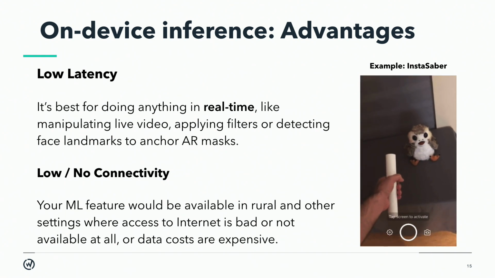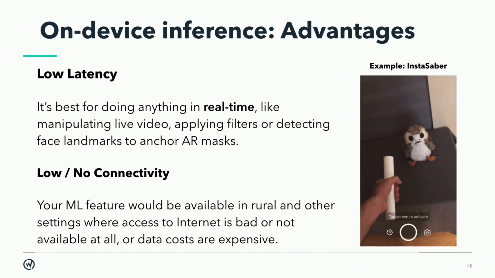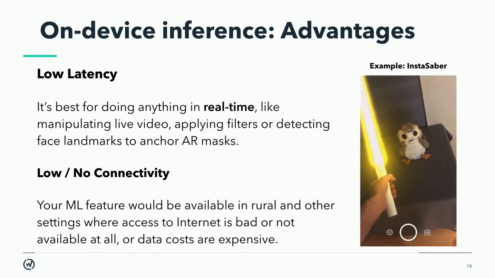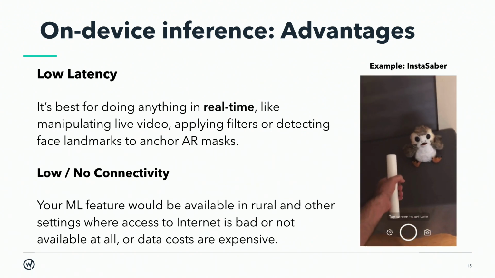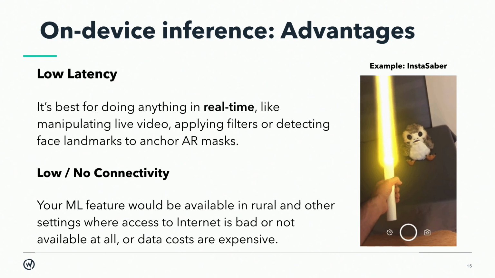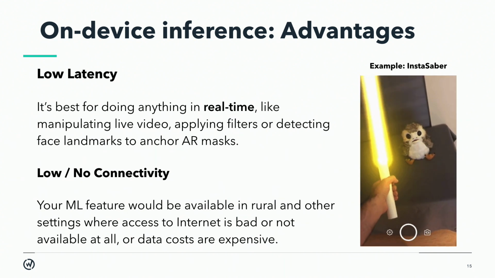And then with on-device machine learning, you can also handle the issue of no connectivity, because there's still a lot of places in the world where access to internet is either not available at all, or is bad or expensive. And we should also think of that segment of our user base.